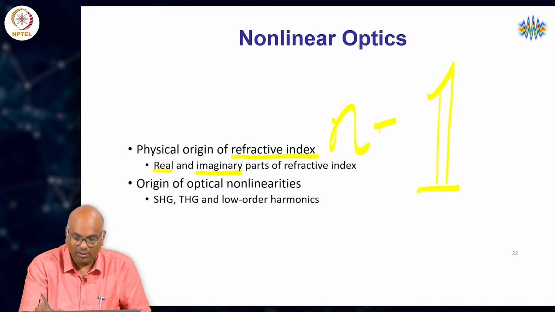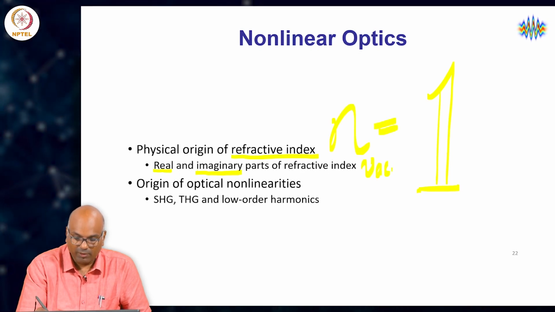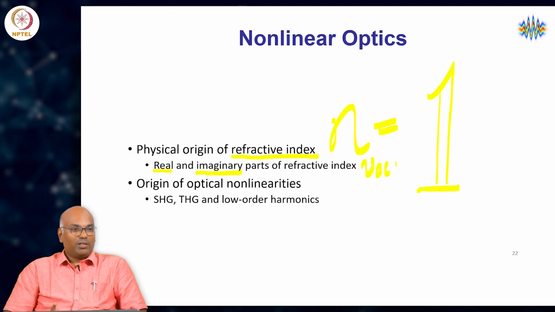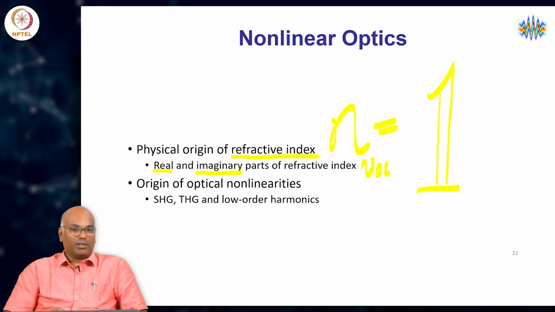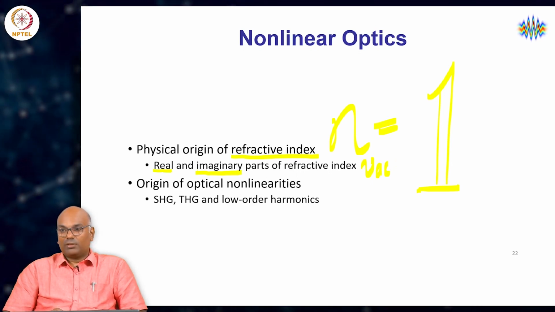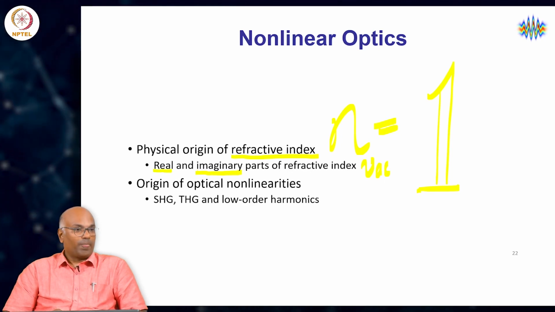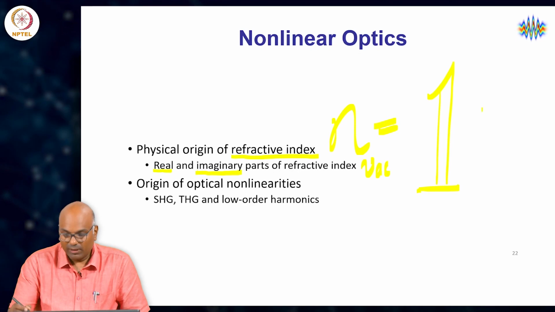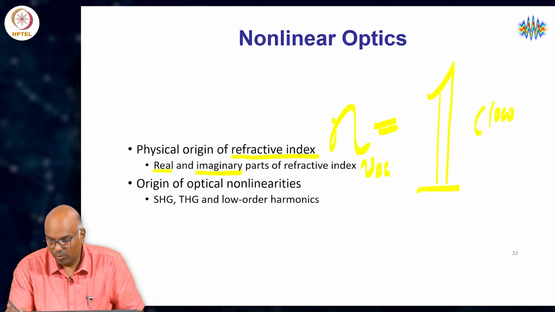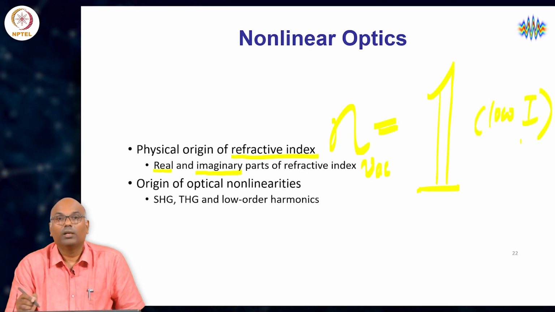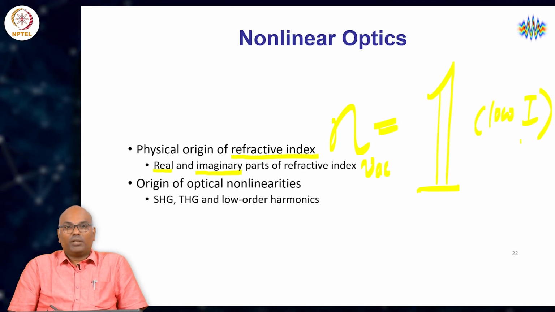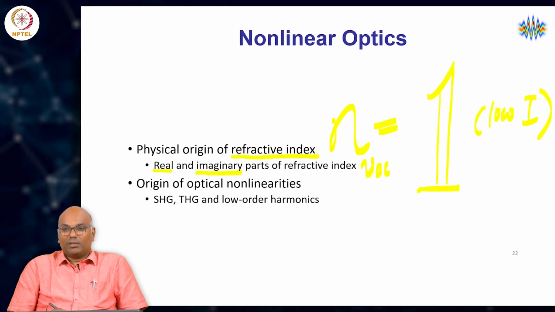So, N vacuum is unity, but this is true only at low intensities. Okay. So, we must say at low intensities the refractive index of vacuum is unity.